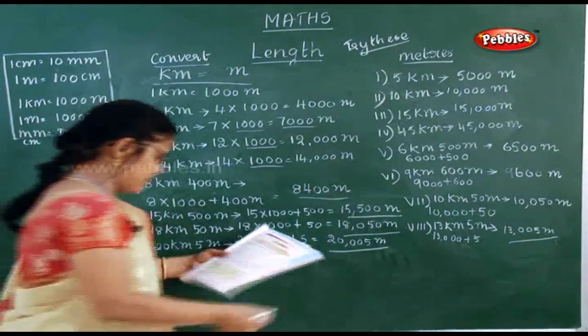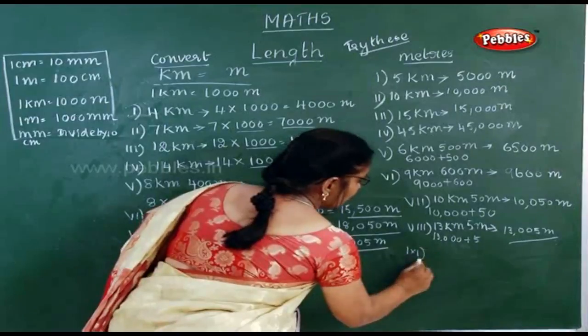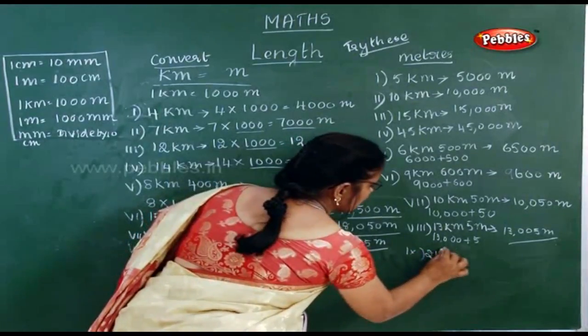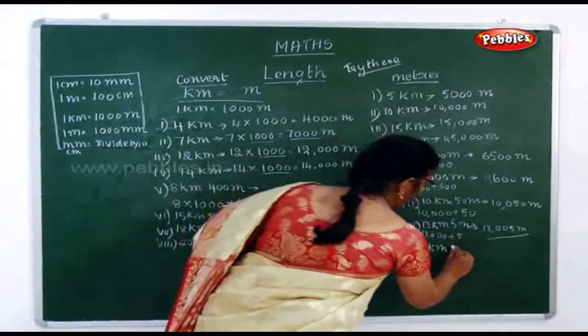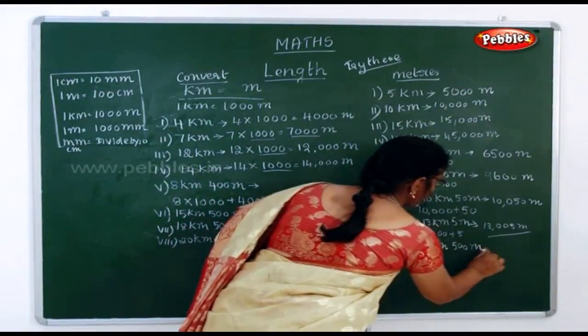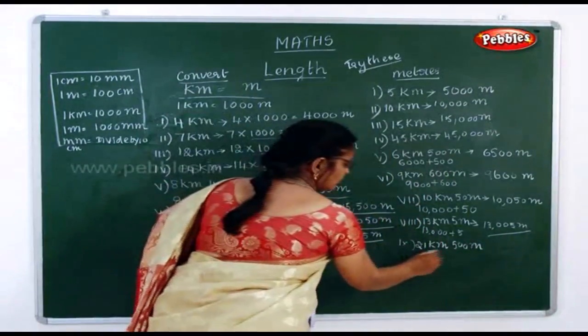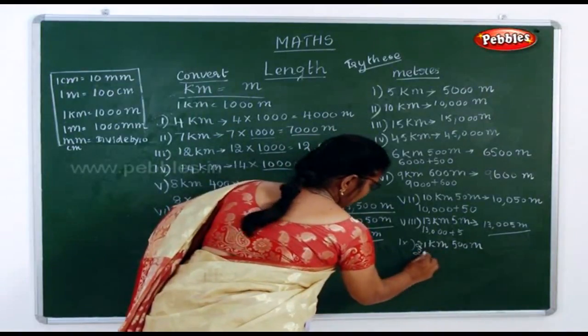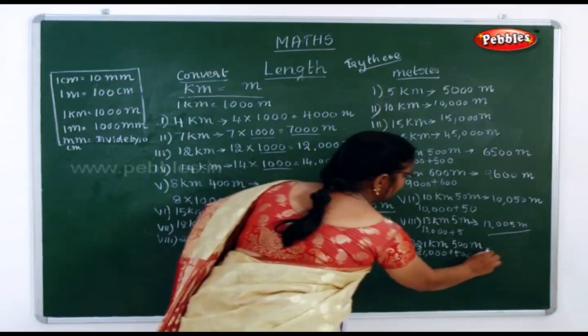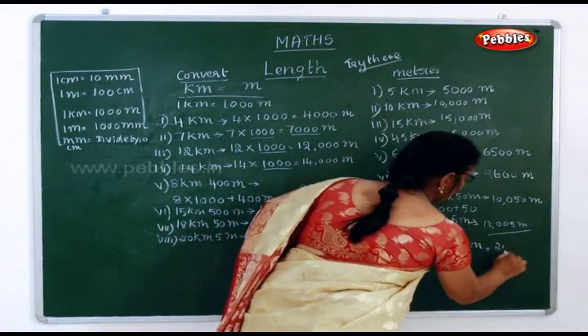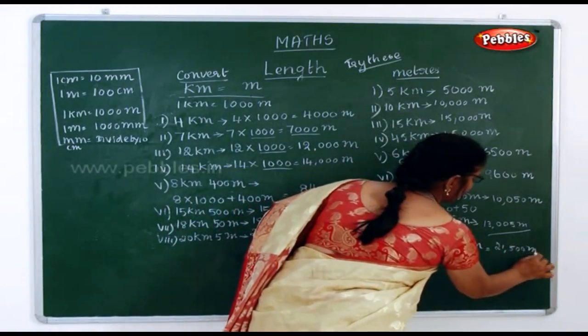Now the last sum they have given: 21 kilometer and how many meter, ma? 500 meter. Now how will you do this? 21,000 plus 500. So you will have 21,500 meter.